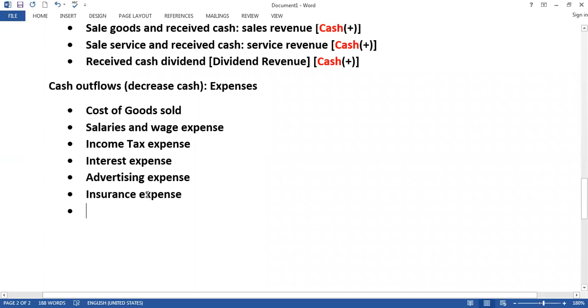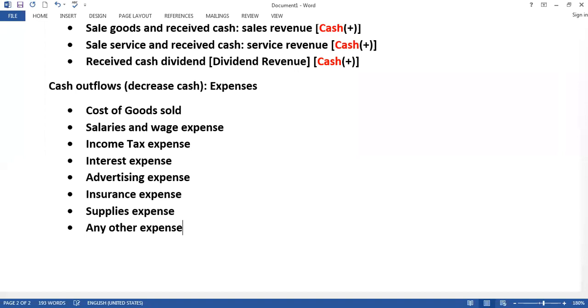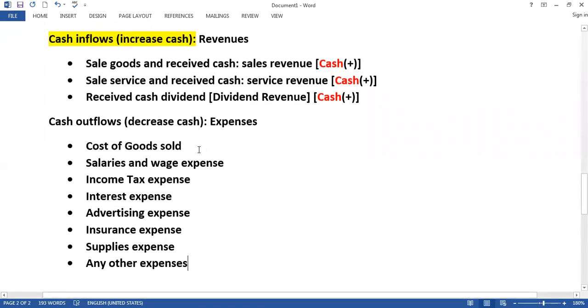We may have supplies expense. Any other expense. So these are the examples of some expenses.